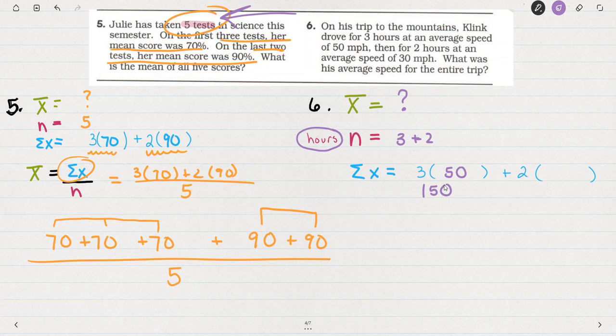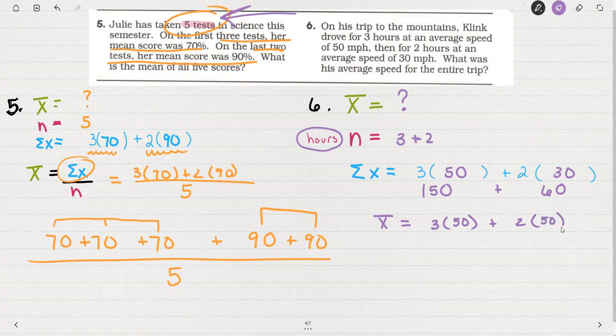And then he drove 2 hours at an average speed of 30 miles an hour. So altogether he's covered 60 miles at that point. So I can find the total sum and use that to calculate the mean. So the mean average is going to be 3 times 50 plus 2 times 50.